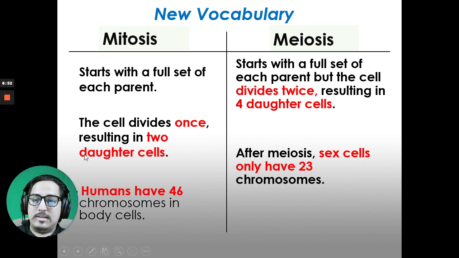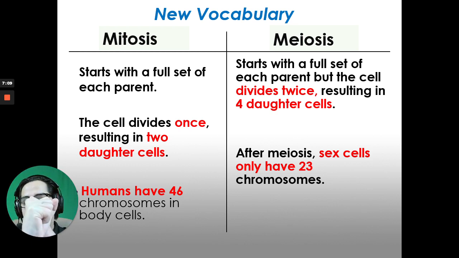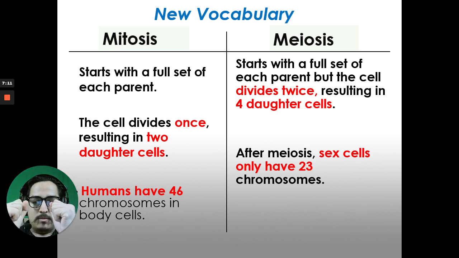So it says here, the cell divides once, resulting in 2 daughter cells, and each one of those cells is going to have 46 chromosomes. Humans have 46 in each body cell. I already mentioned that, and I mention it again because it's important. So you start with 1, and it divides into 2. This one has 46, this one has 46, because they're copies.